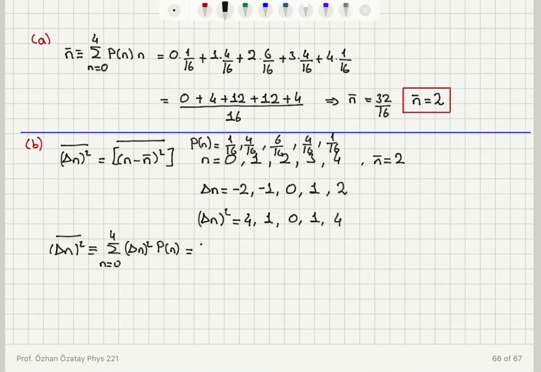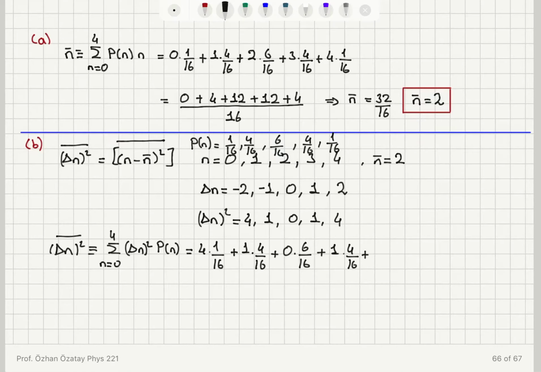So I will have 4 times 1/16 plus 1 times 4/16, 0 times 6/16, 1 times 4/16, plus 4 times 1/16.